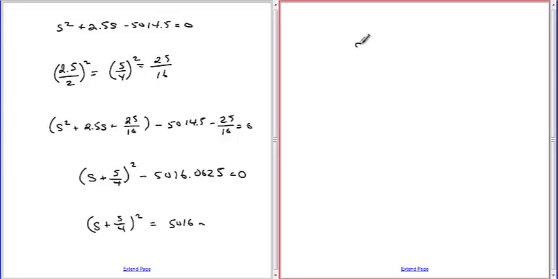And then you take the square root, so you get s plus 5/4 is equal to the square root. Plus or minus, we're just going to use the positive one because we only deal with positive s. So if you take the square root of that, we're going to use the plus side, 70.82. s plus 5/4 equals that.